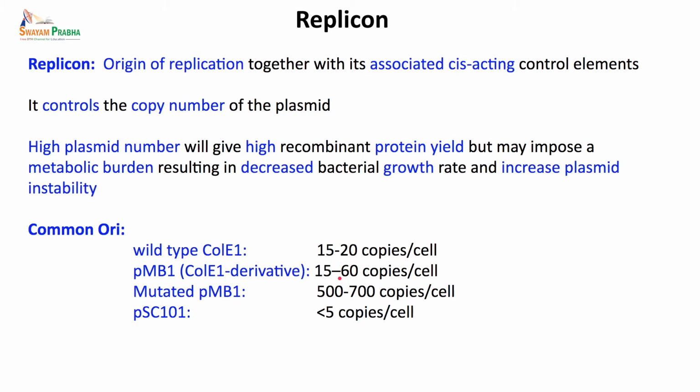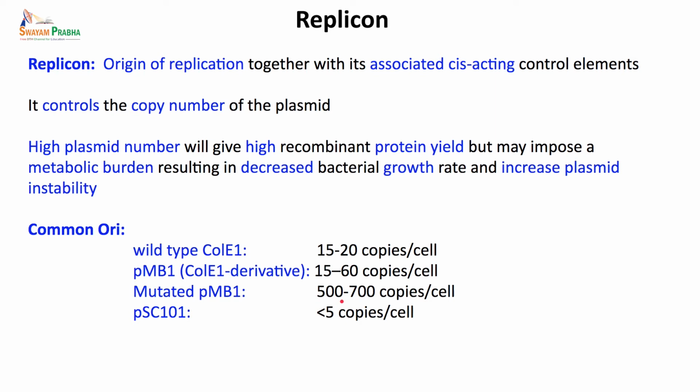But then a mutant form of this pMB1 was also engineered, and this has a very, very high number of plasmid copies per cell, up to 500 to 700 copies per cell. So if you want to do a very short induction period, and you want to just express the protein for 1 hour or 2 hours and be done with it, then this will be the choice of origin for you.